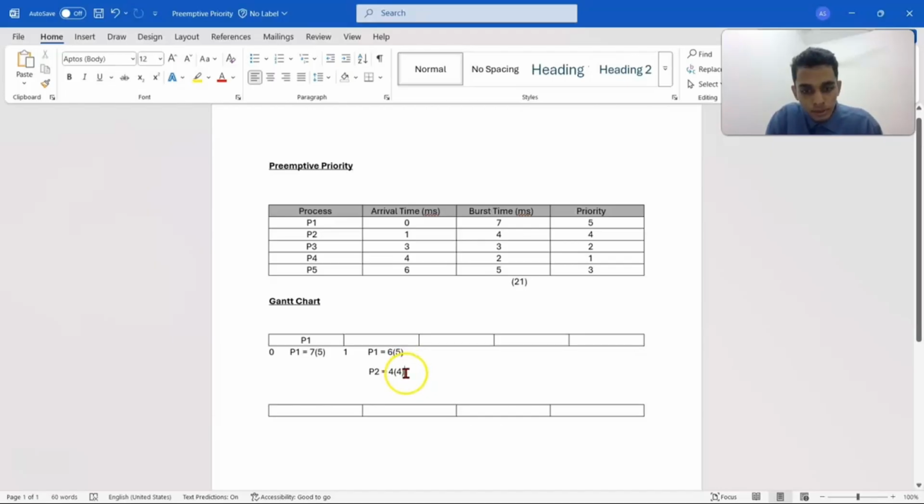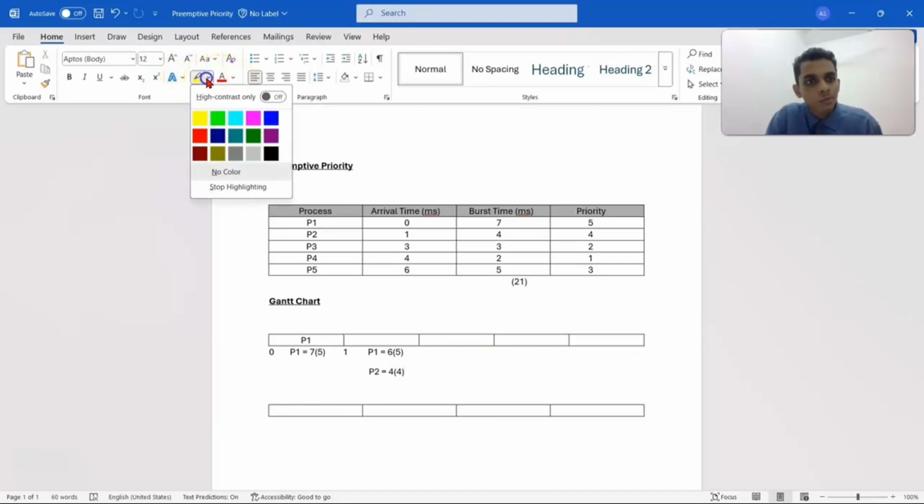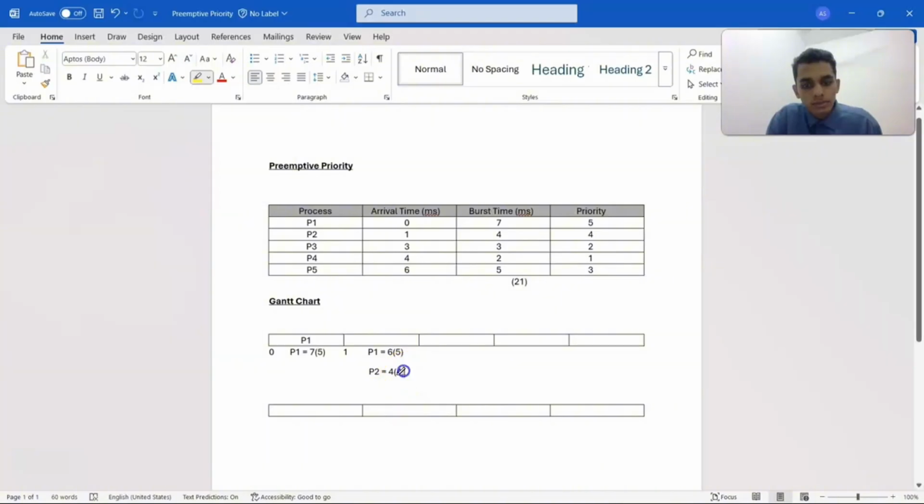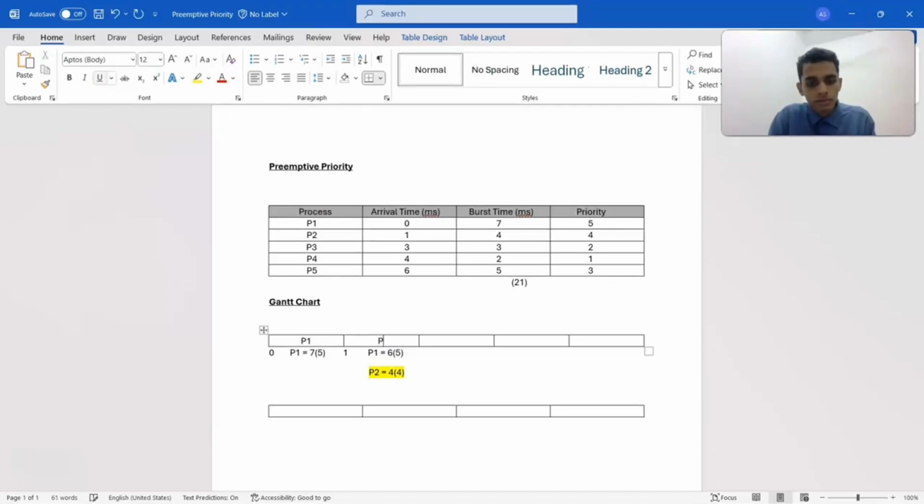So we will now execute P2, and I'll highlight P2 to make sure that we know it's in. Okay, and now we'll include P2 into the Gantt chart. And once you have included P2, we can now focus on the rest of the Gantt chart.